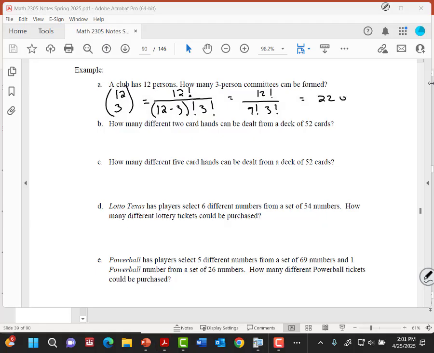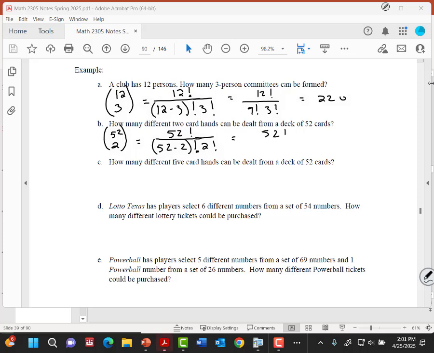Okay. How many different 2-card hands can be dealt from a deck of 52 cards? Okay, so from the 52 cards, choose 2 of them. So 52 factorial over 52 minus 2 factorial times 2 factorial.